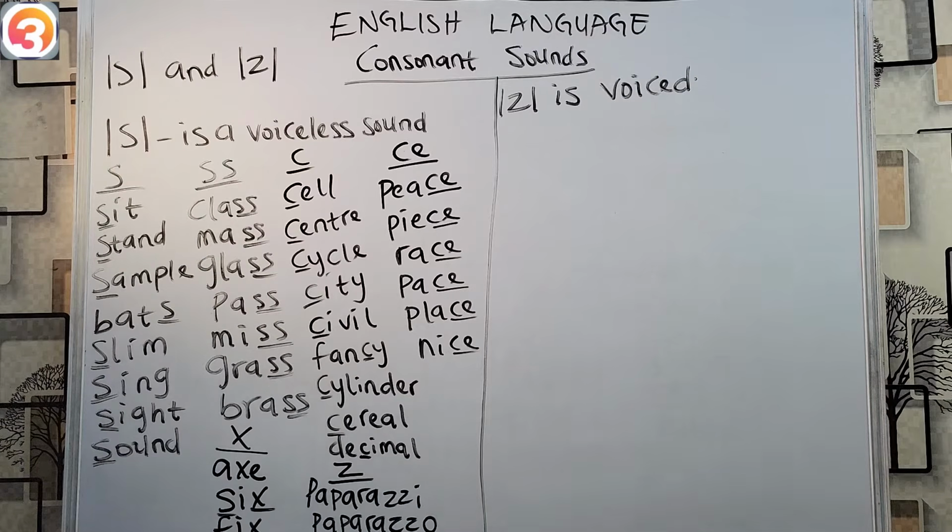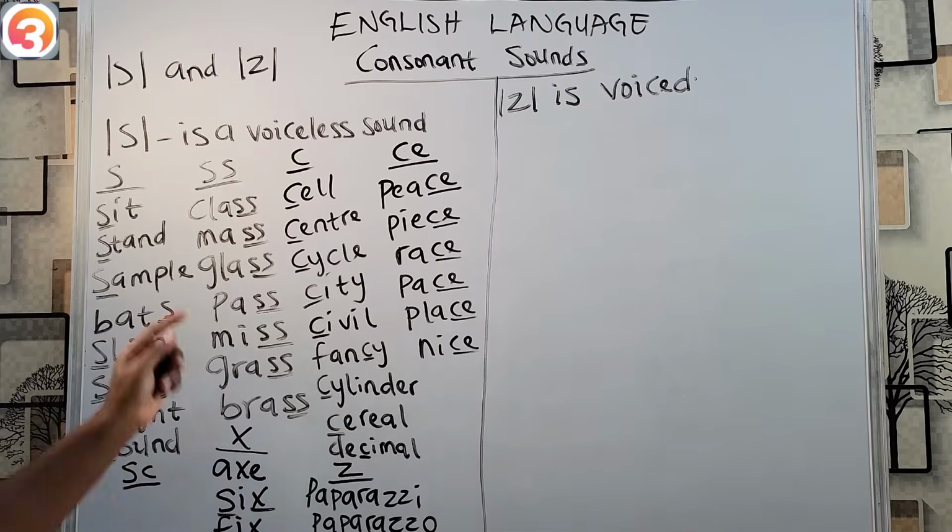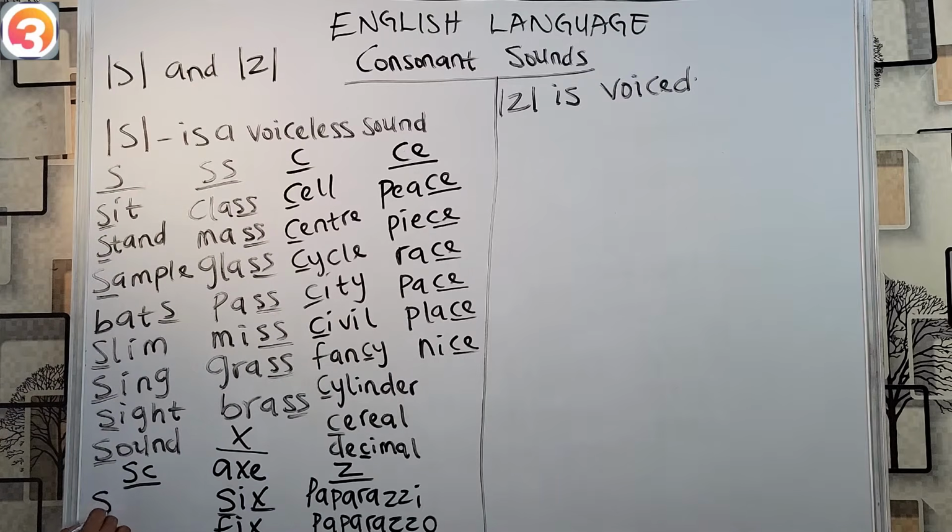Then lastly, we also have SC. Words containing SC can also contain the S sound. Example, sin, science, obscene.